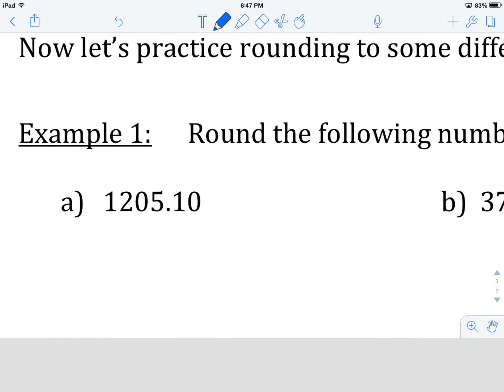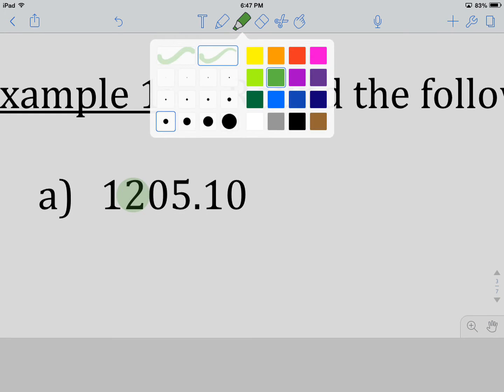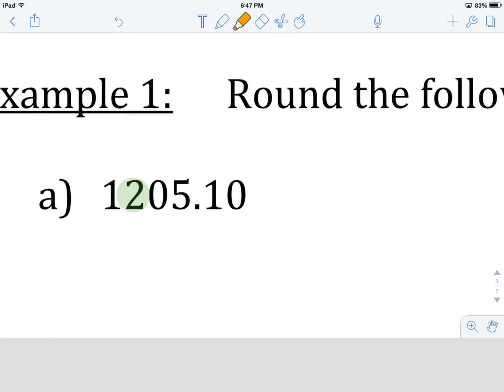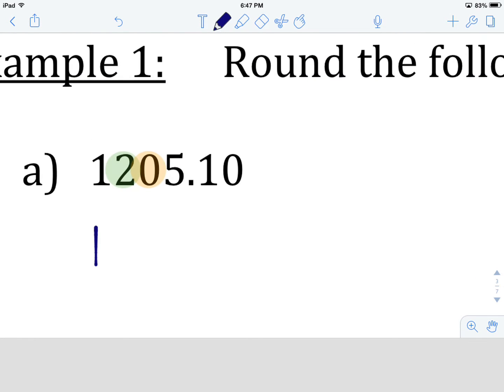A says round 1,205 decimal 1 to the nearest hundred. So let's find the hundreds place value. 1, 2, 3 to the left of the decimal. So there it is with a 2 in this example. We look to the digit after it, which is a 0, to tell us how to go about rounding this particular example. And the 0 tells us that we are going to keep that 2 the same. So we write down the numbers up till that 2, and everything after it becomes a 0.